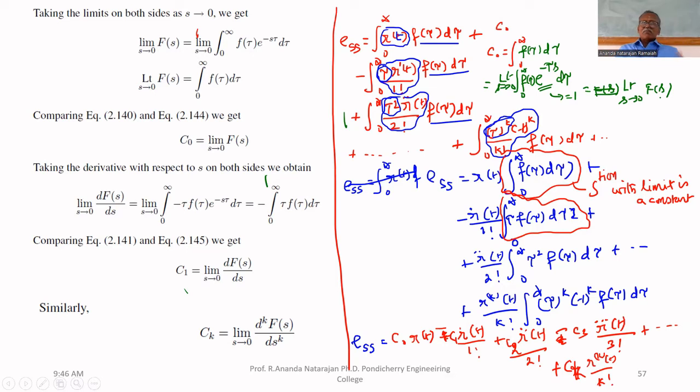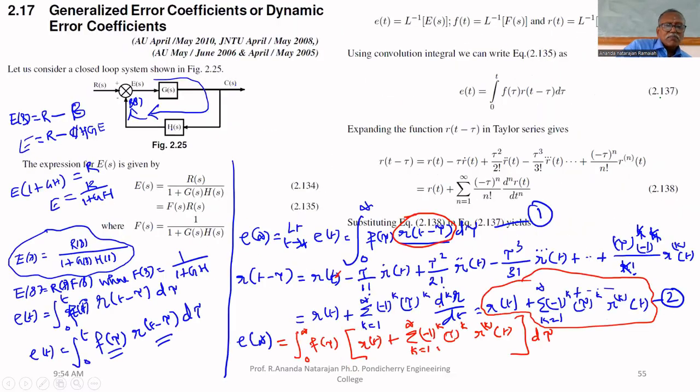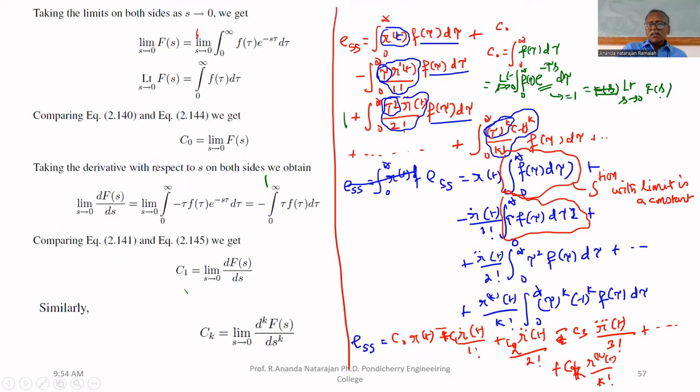So C naught is nothing but limit s tends to 0 of F of s. Already we know F of s. If you come to the first step, F of s is equal to 1 by 1 plus gh. There, if you substitute s equal to 0, you will get C naught. So C naught we can find.